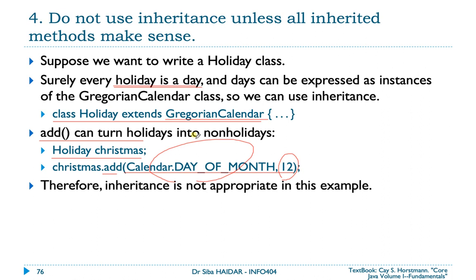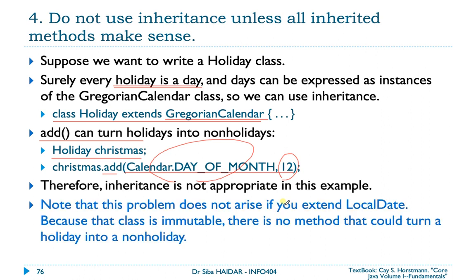So here there will be lots of debate. You will say, I have to override the method add, and then they will tell you that when you override the method add, you are changing its behavior to add 12 holiday days, and this is not good, and we will see in the next rules why. But you have to know that inheritance, in this case, is not an appropriate solution.